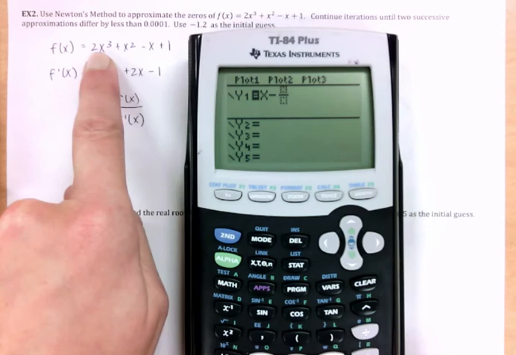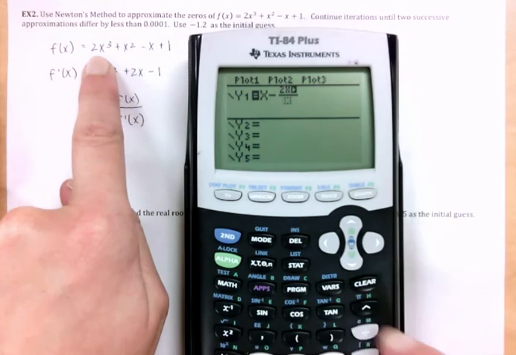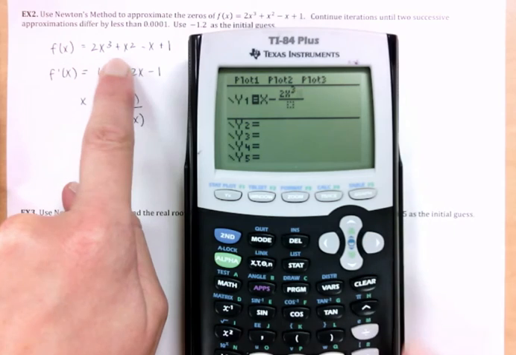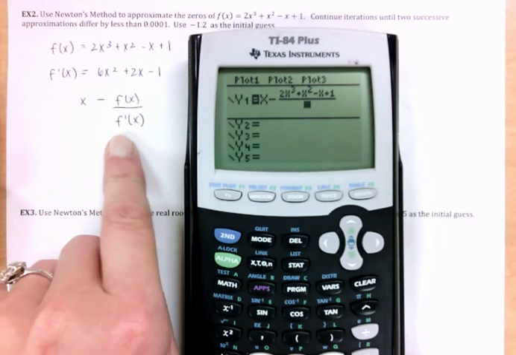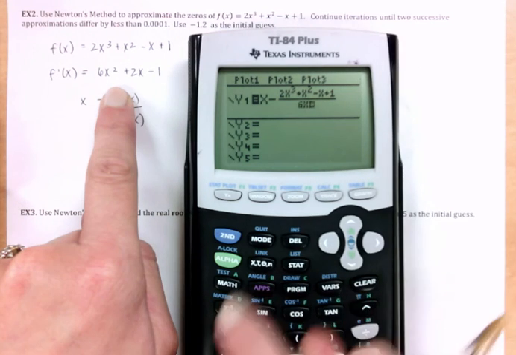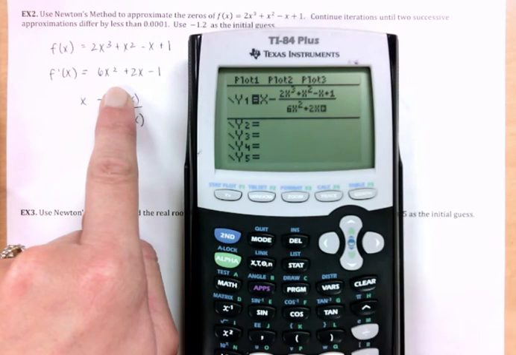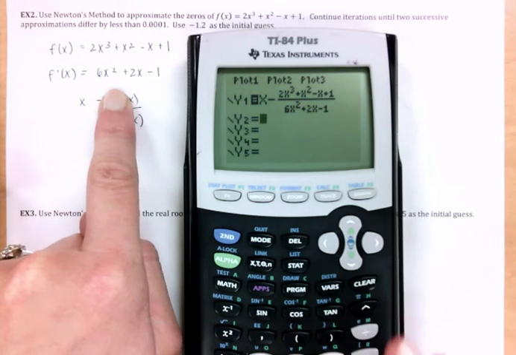So my top is my f over my derivative. My f is 2x cubed plus x squared minus x plus 1. My derivative value, which is my denominator, is 6x squared plus 2x minus 1. So I'm going to make my calculator do the work for me.